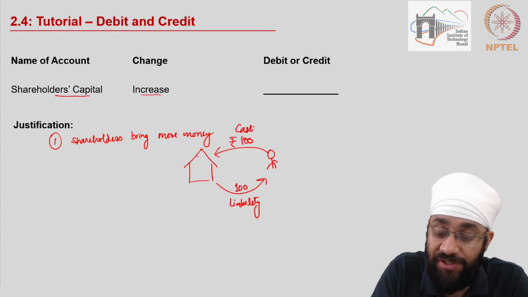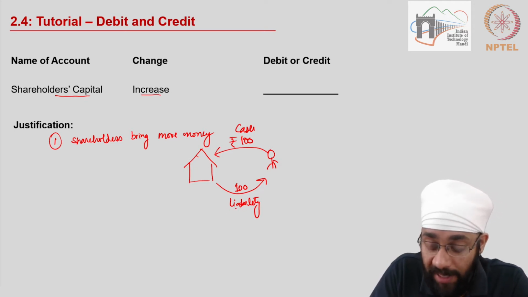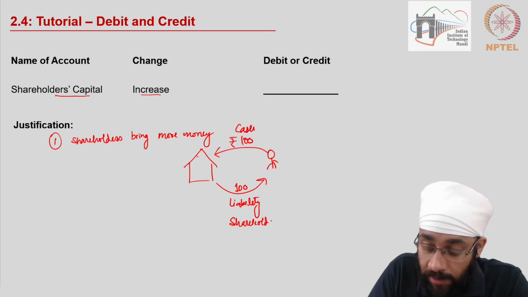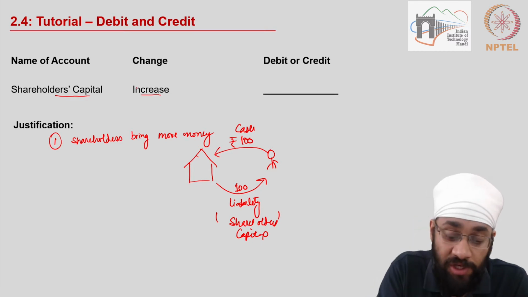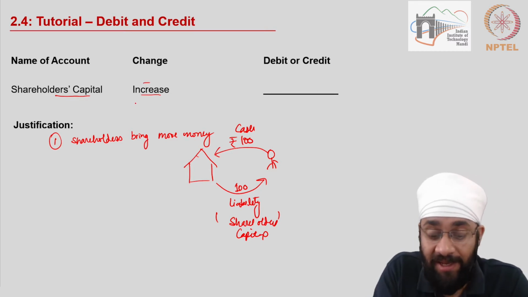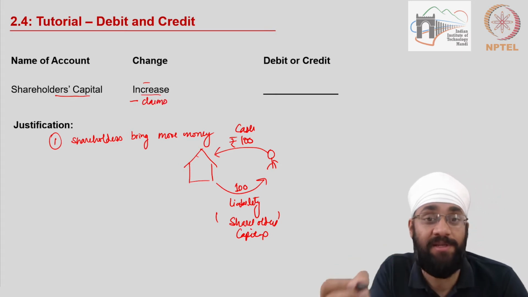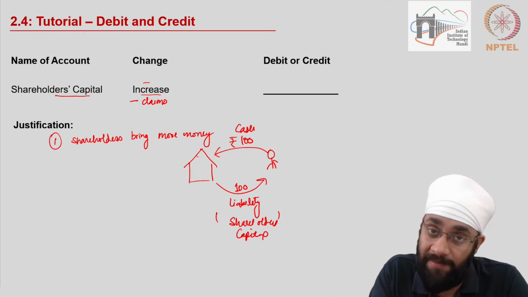This is the cash that the owner gives to the business, but in return what is happening is shareholders capital. The name of the liability is shareholders capital, and this is what is going up. Shareholders capital is increasing, which means there is a reduction in the claims of the business, because the shareholders' claim on the business is going up, right?